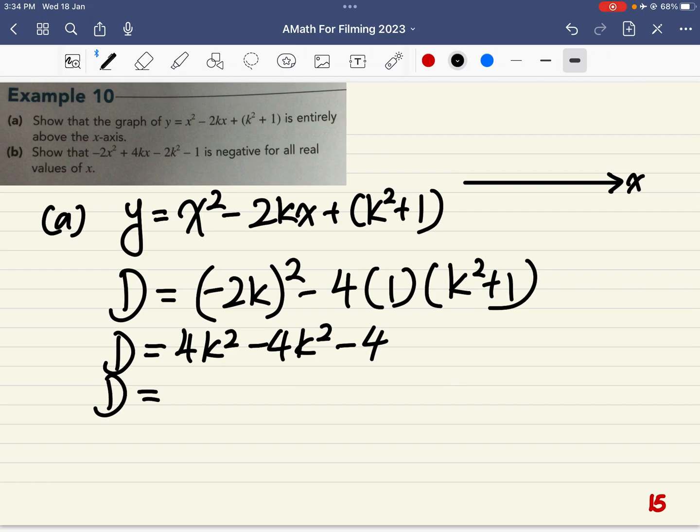My discriminant in this case is negative 4, and negative 4, as we know, is less than 0.